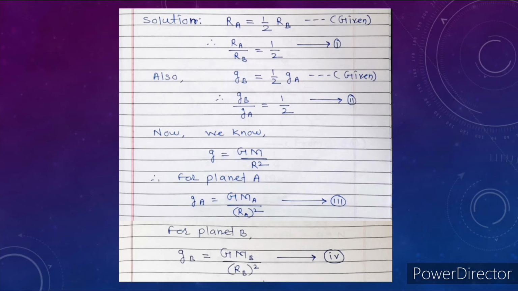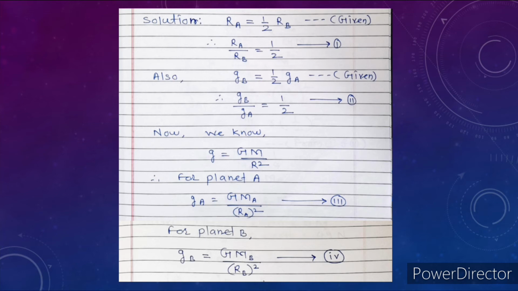Solution. Ra is equal to half of Rb, given. Therefore, we get Ra upon Rb is equal to half, equation number 1. Also, Gb is equal to half of Ga. This is also given. And therefore, we get Gb upon Ga is equal to half.